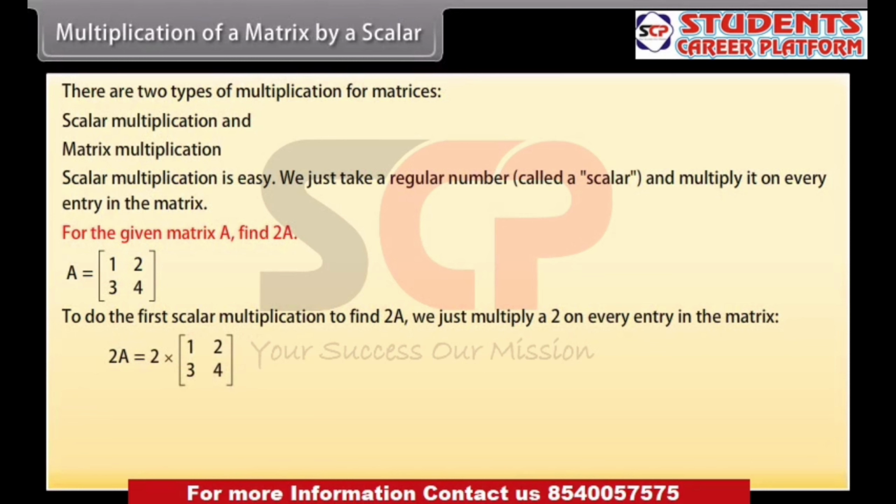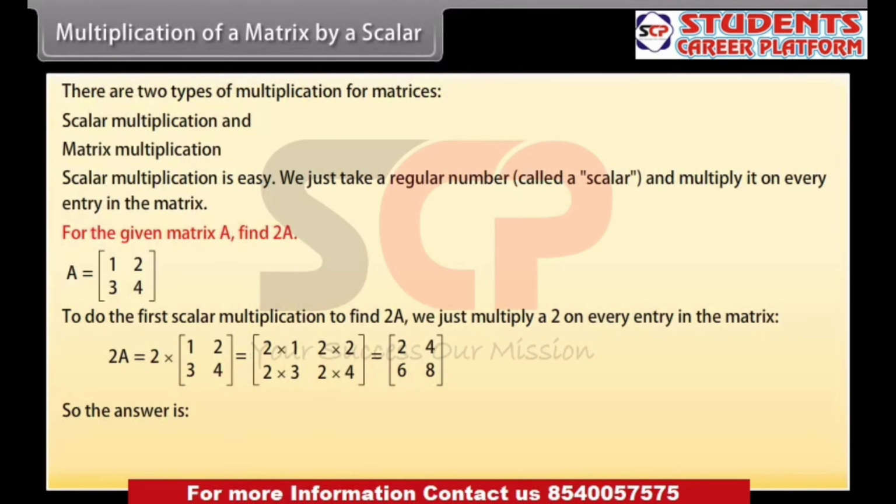2A is equal to 2 into matrix row-wise, first row 1, 2, second row 3, 4, is equal to matrix row-wise, first row 2 into 1, 2 into 2, second row 2 into 3, 2 into 4, is equal to matrix row-wise, first row 2, 4, second row 6, 8.